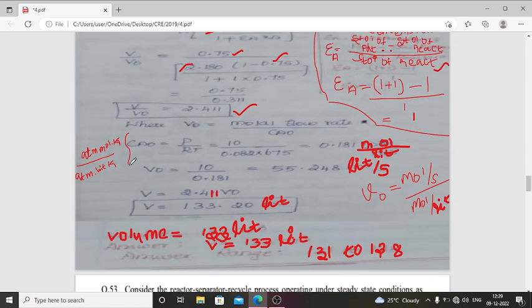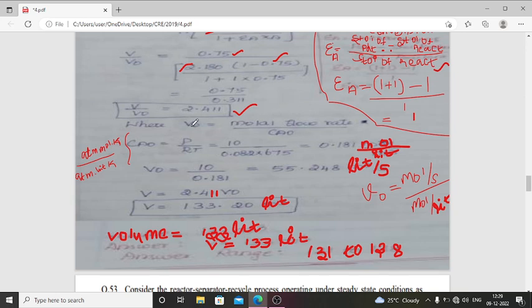But if we want the V value, how will we calculate it? V naught is not directly given, the volumetric flow rate. Instead, in the question itself the molar flow rate is given, in moles per second.